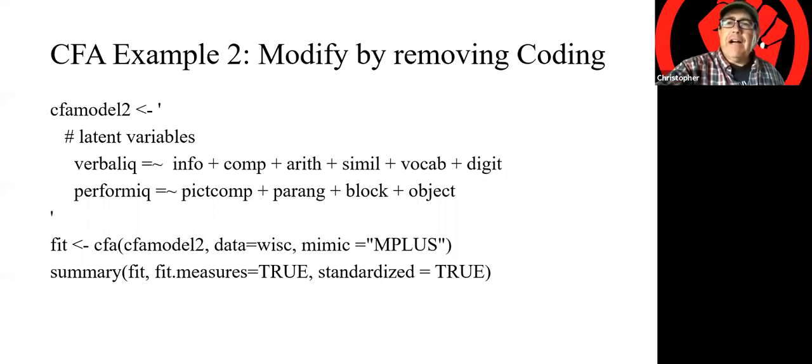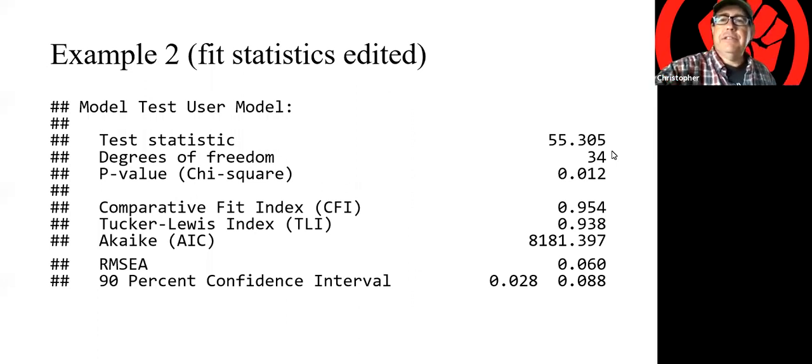All right, I modified this model by removing coding, just so that we could have another example to look at and see how removing that bad variable might improve our fit. And you can see our CFI value went up to 0.954. So now we hit that criterion on the comparative fit index, the CFI. Tucker-Lewis index still not there.